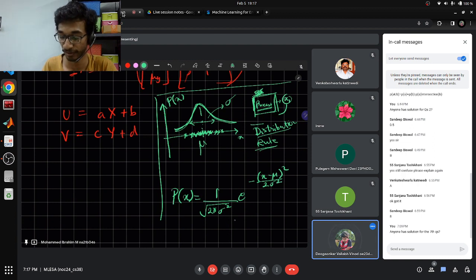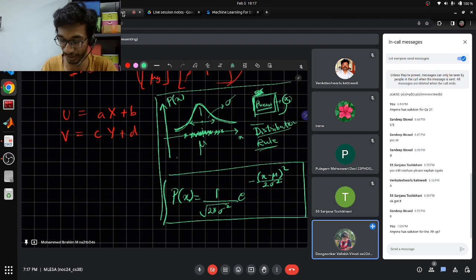Okay, so this is actually the equation of this distribution, and you can later plot this thing, and you can see that it does really come out in this bell shape. So it's actually also called a bell shaped distribution.